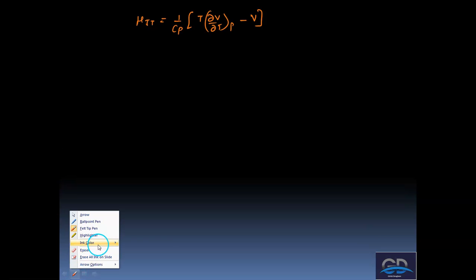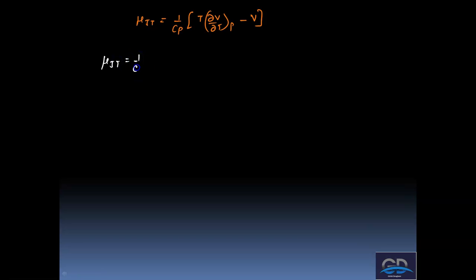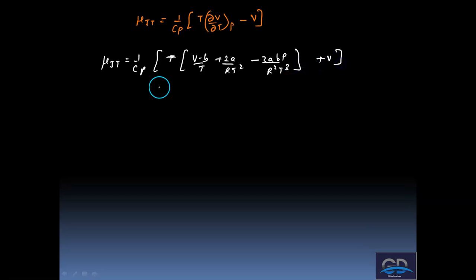So if I just put it over here and rearrange, I get mu JT is equal to 1 upon Cp, and this would be T times this entire expression that we have in bracket, which is V minus b by T plus 2a upon RT square minus 3abP upon R square T cube, okay, plus V. So if you rearrange, you can pause the video and do these intermediate steps.